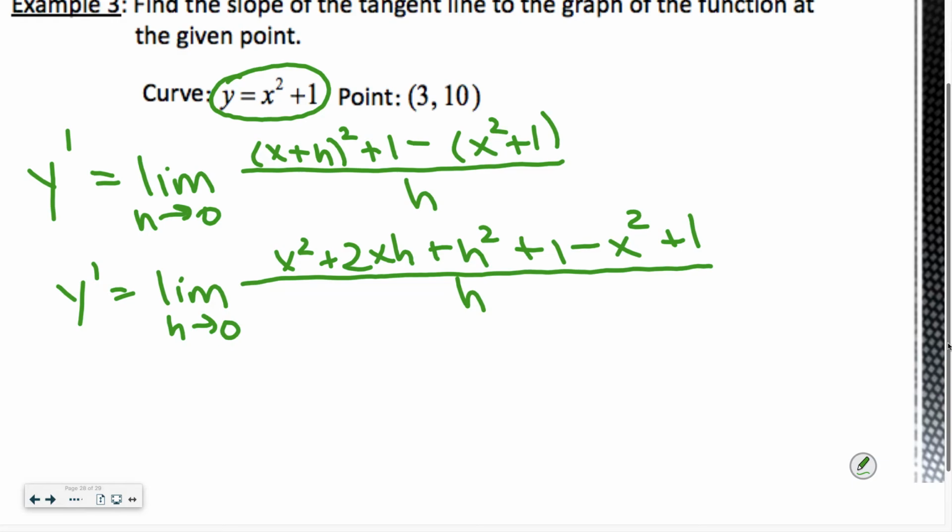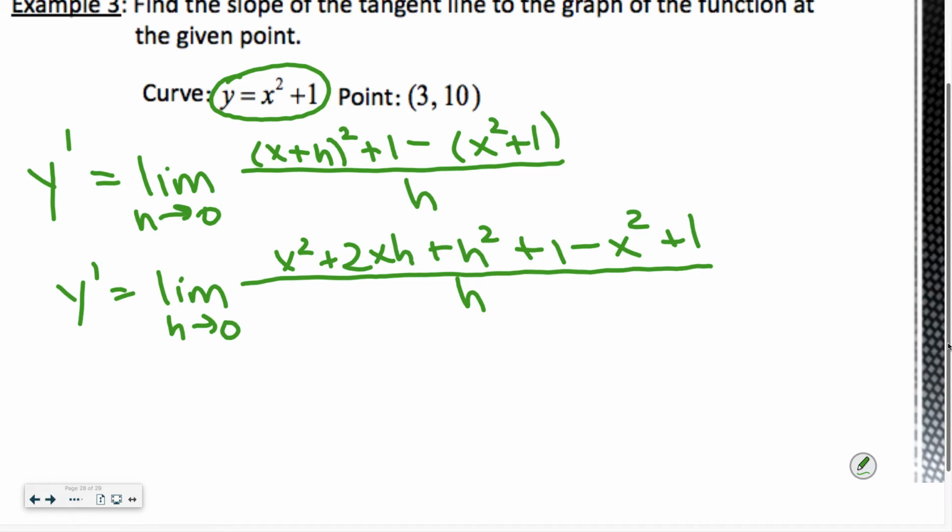If you have an answer, compare it. If you're not the same, figure out what happened. Do you all have the same?